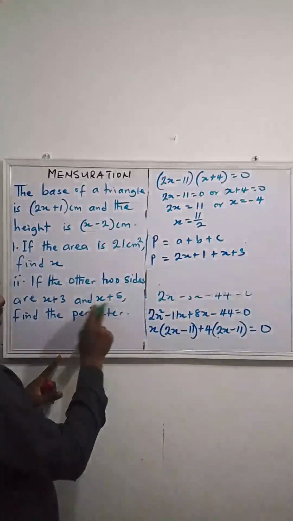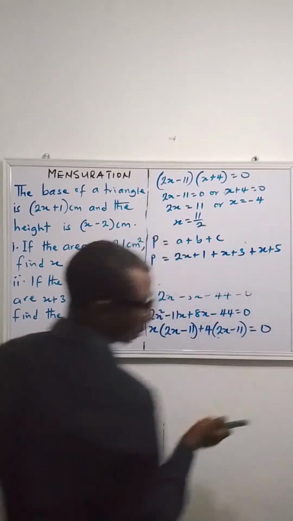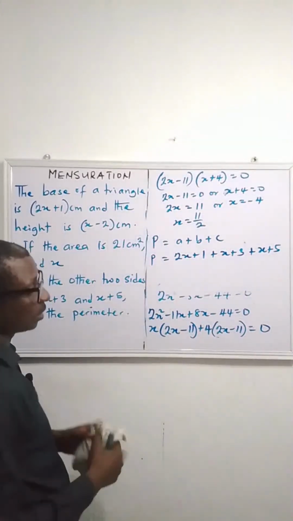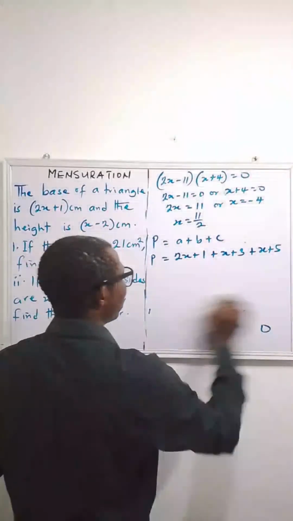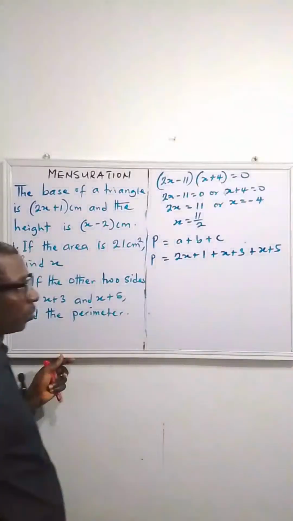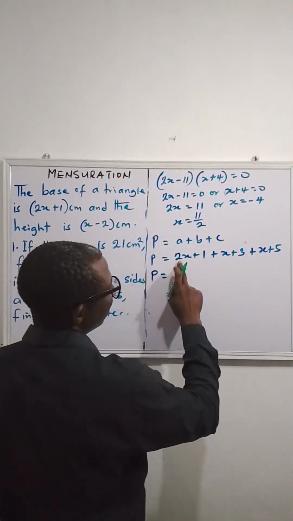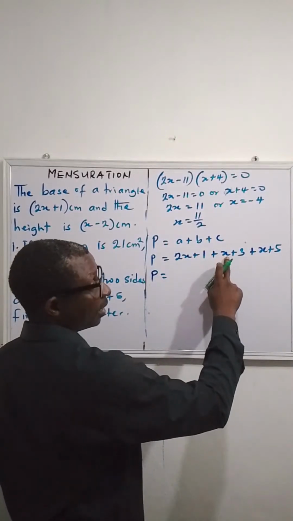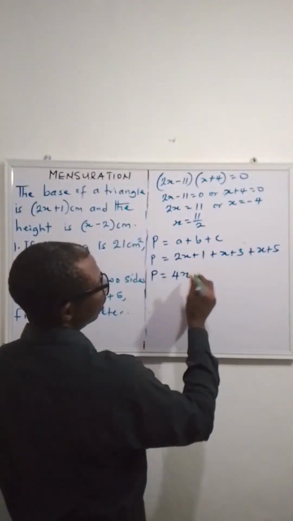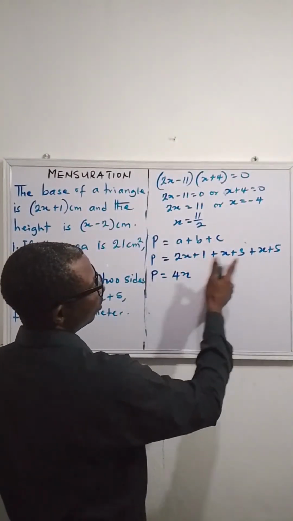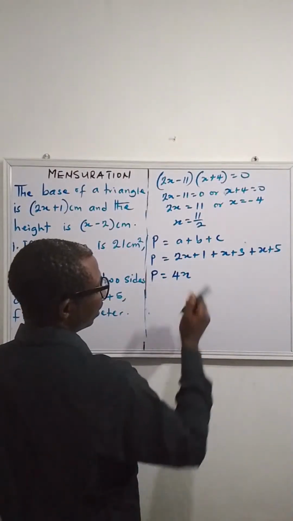And the third side? Plus x plus 5. I'm adding the three sides together. So P equals, let's add these: 3x plus 1x is 4x. And let's add the numbers together: 1 plus 3 is 4, plus 5 is 9.